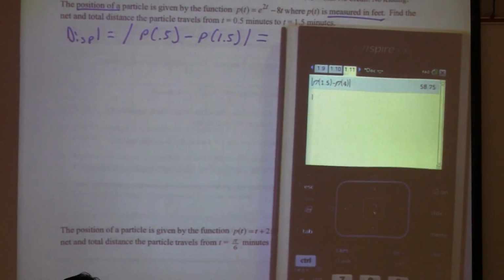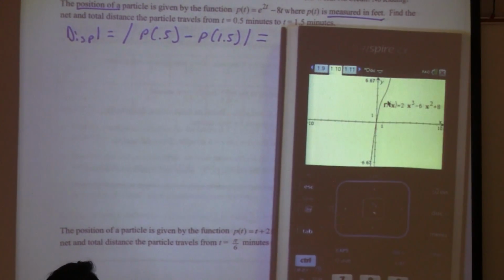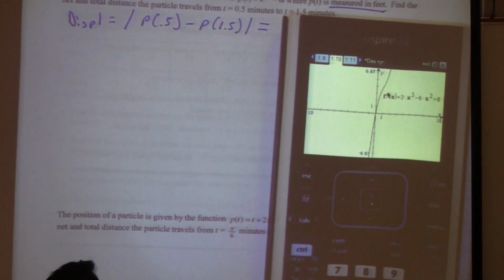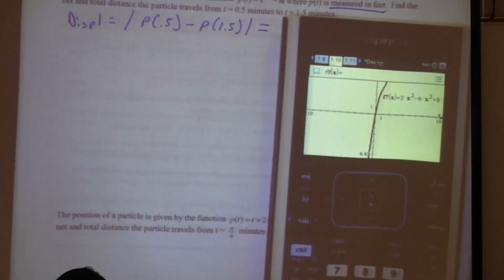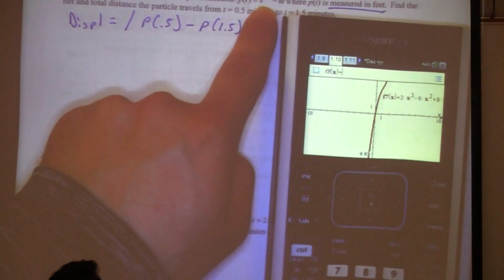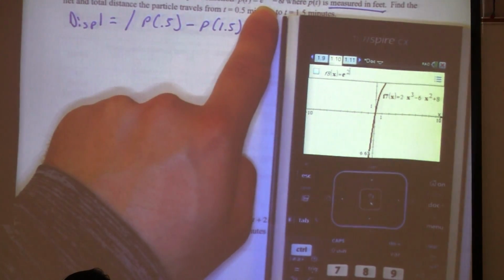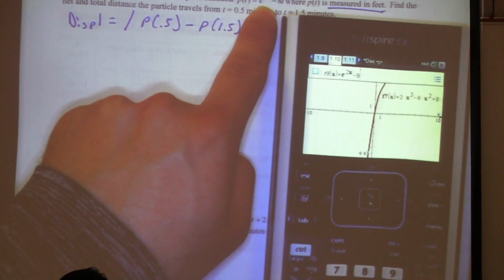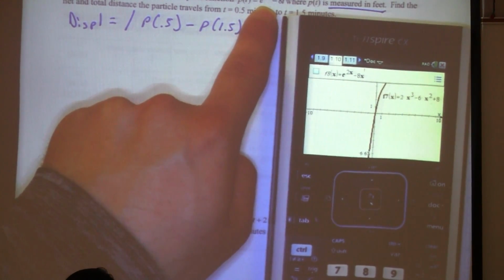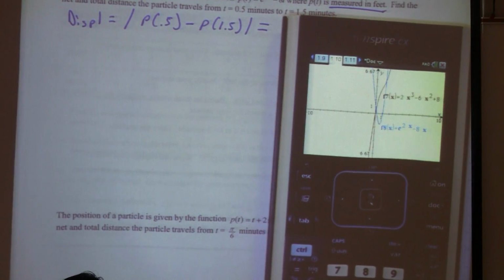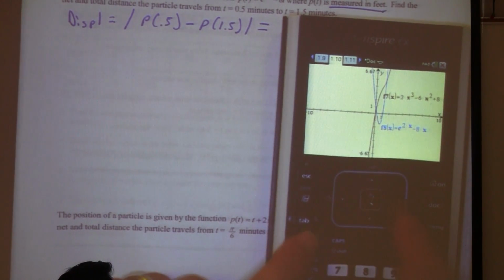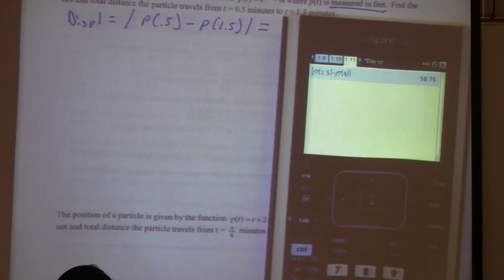Do the graph thing again. I'm going to press Control left to go back to the graph. I'm going to press Tab, and I'm going to call this function f8. So e to the 2x over to the right minus 8x. Now this is f8. Now I'm going to press Control right so I can go back to the calculator page and type it in.